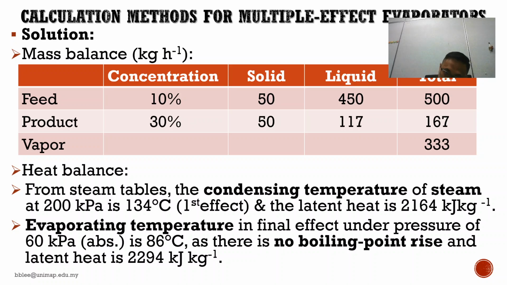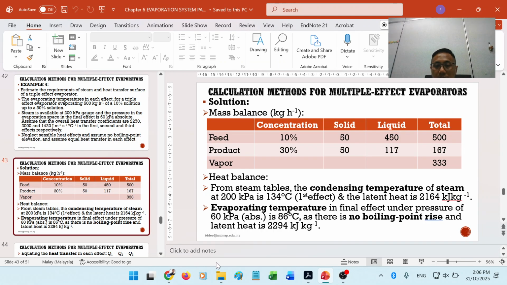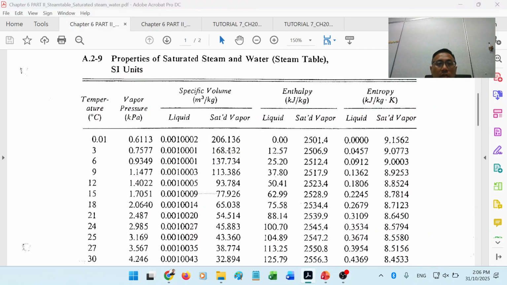You check in the steam table. The boiling point should be 86 with no boiling point rise, and the latent heat should be 2294 kilojoule per kg. Let's go to the steam table.